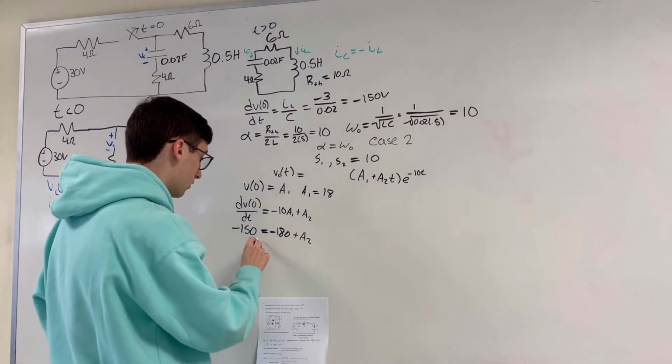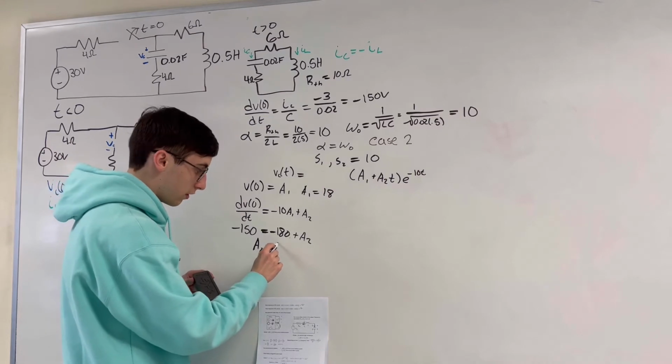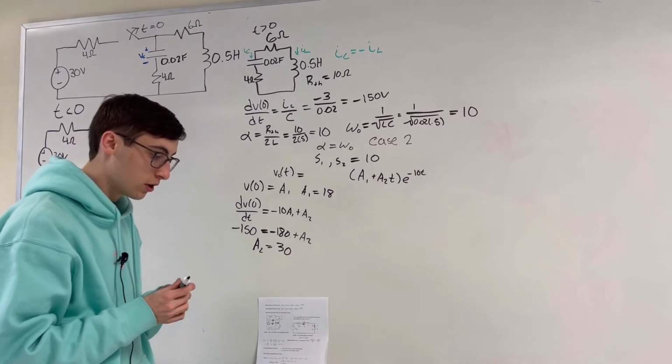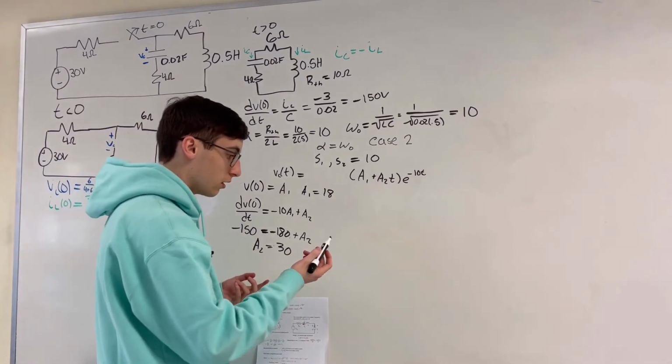So now A2 is going to be equal to 30. And with these two initial conditions, we can now finally solve for our final equation.